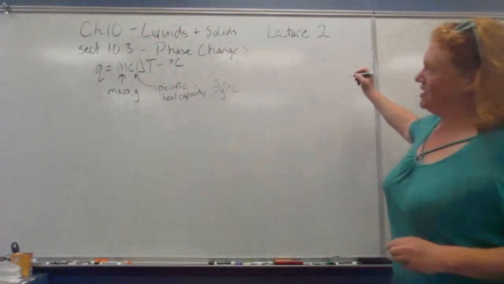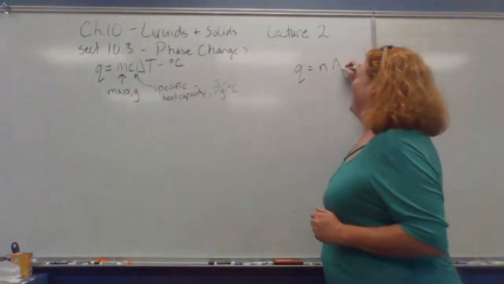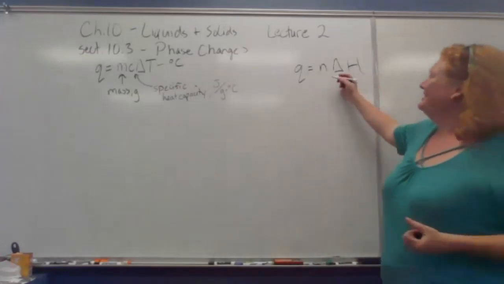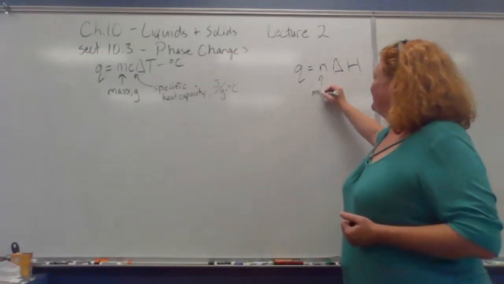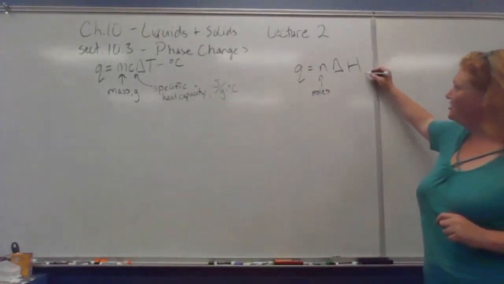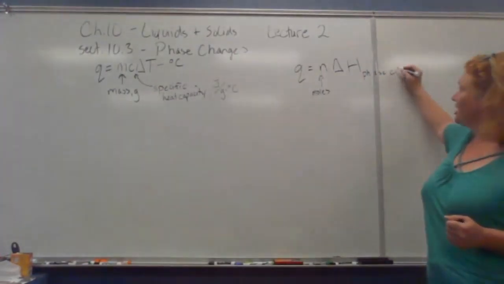What is the other heat equation? Kind of a new one. It's Q = n ΔH, with moles, not grams, and ΔH is the enthalpy change for that phase change.